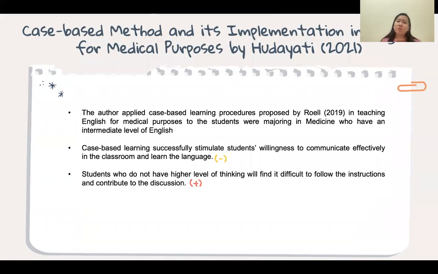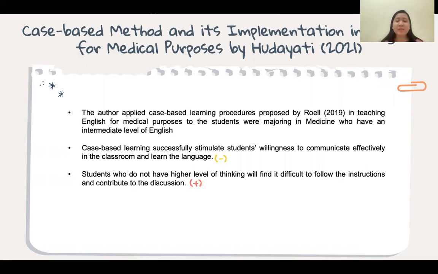Okay, let's continue to the first article that is reviewed. The first article is from Hudayati, 2021. The title is Case-Based Method and its Implementation in English for Medical Purposes.